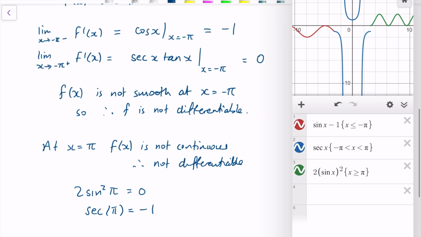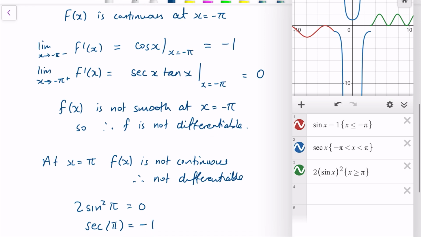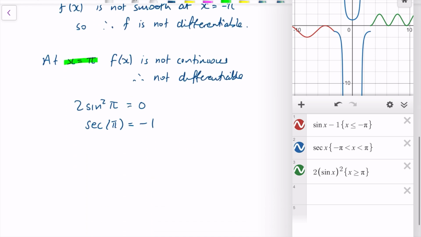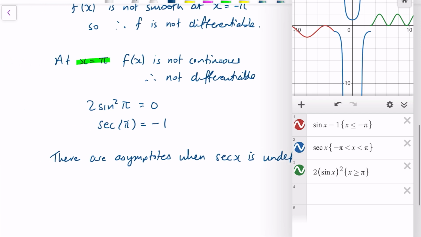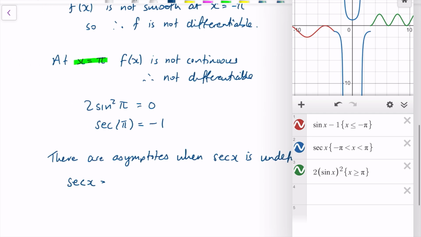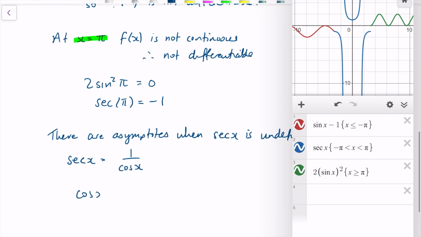Okay, so we've considered x equals minus pi, we've considered x equals pi, and lastly we need to recognize that there are other discontinuities. There are asymptotes where sec x is undefined, and the secant function is defined as 1 over cosine of x. So when cosine of x is equal to 0, we get undefined.